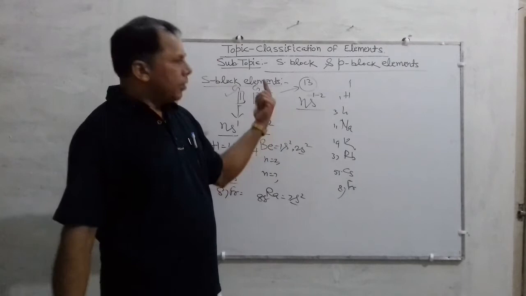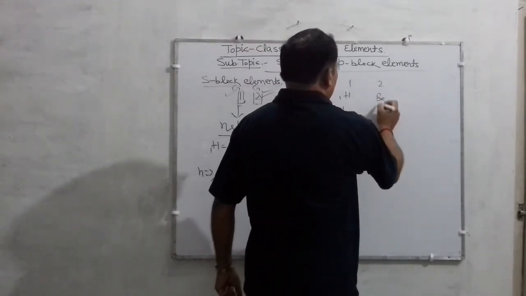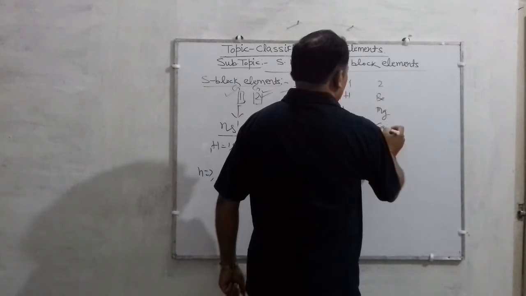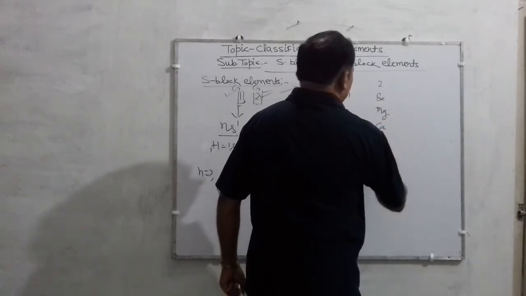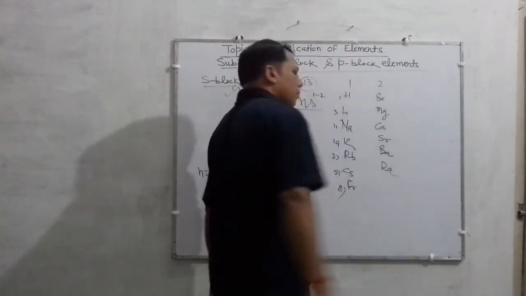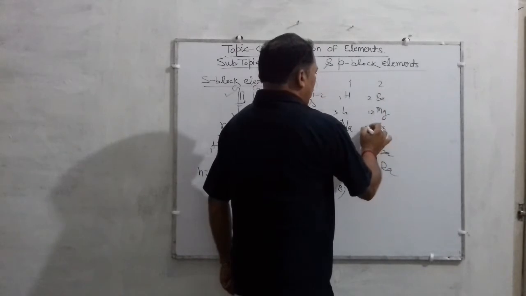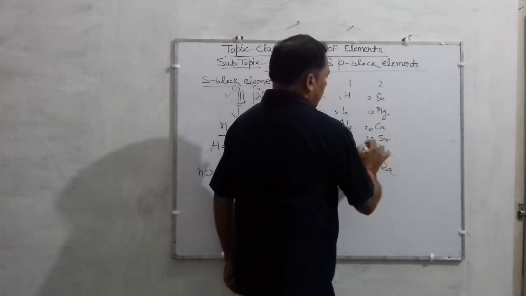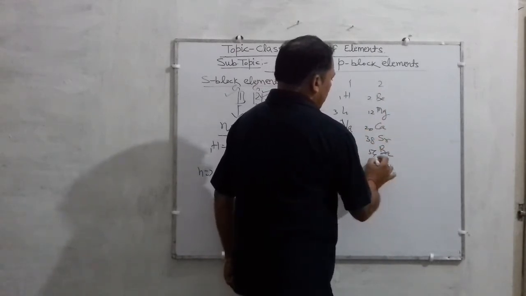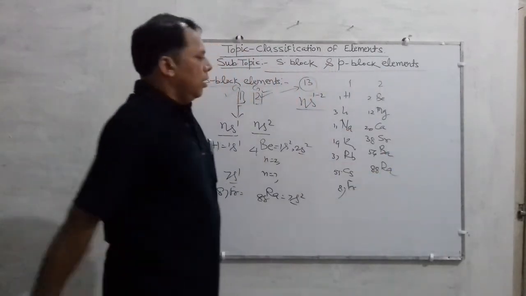Similarly, children, the second group elements are beryllium, magnesium, calcium, strontium, barium and radium, having atomic numbers 4, 12, 20, 38, 56 and 88.